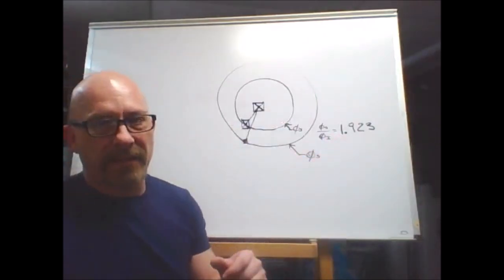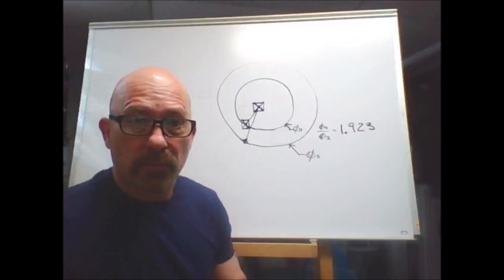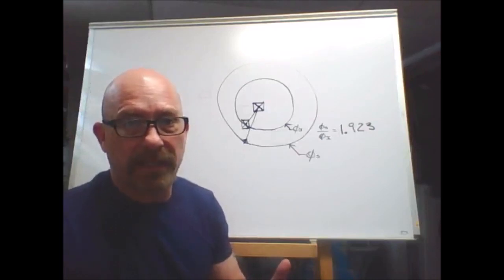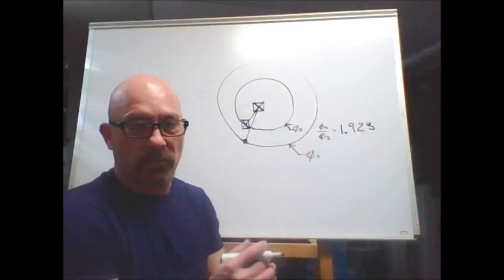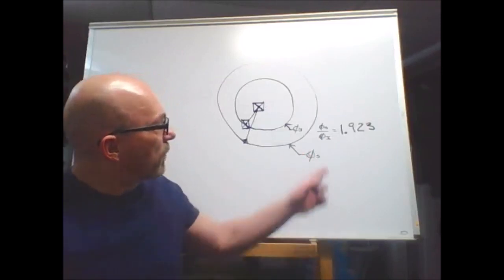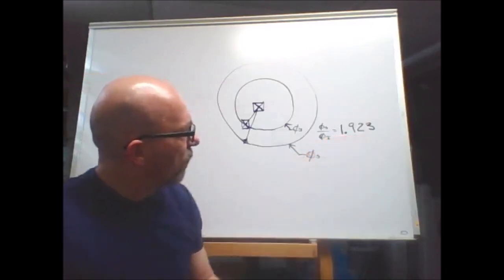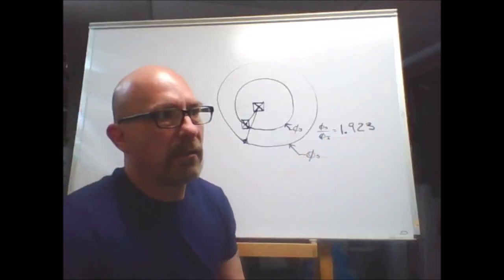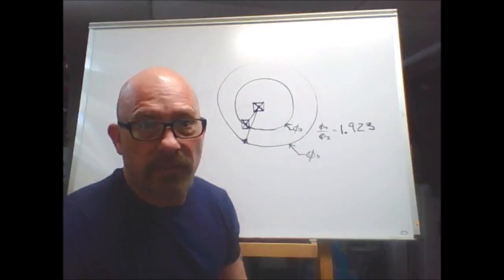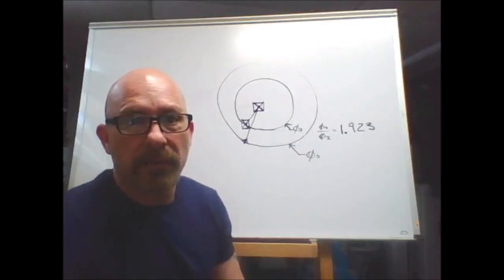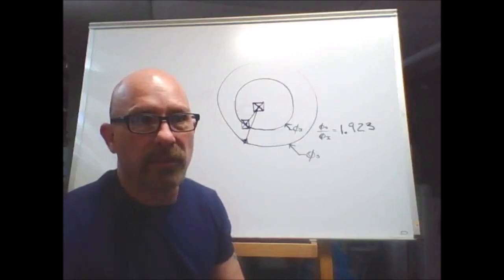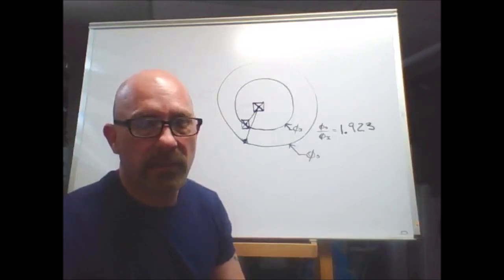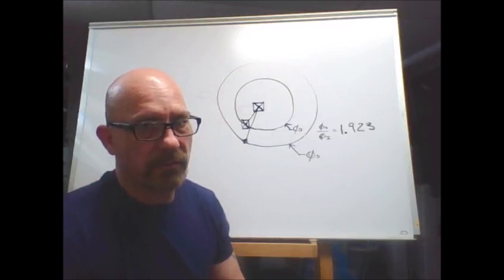I don't know what that number is with Jupiter and Saturn to the Sun right now. I didn't at the time look that up. That's what we're doing next. Okay, so I got this and I said 1.923. I happen to know that, since I've already studied it quite a bit, the orbital distances of the planets, I knew that was close.